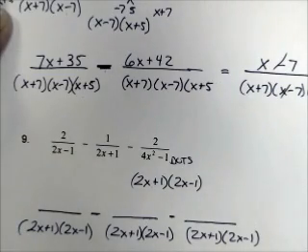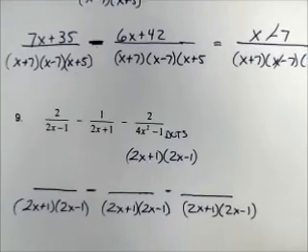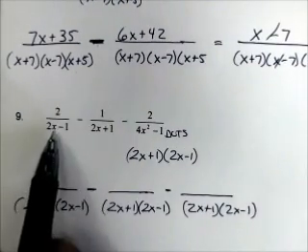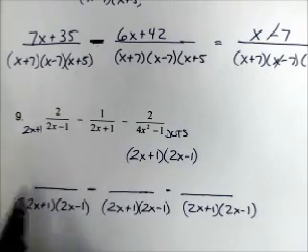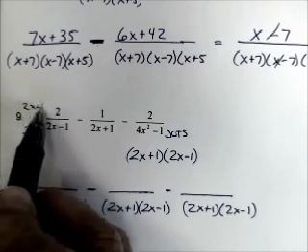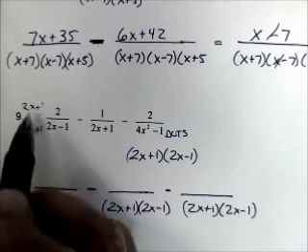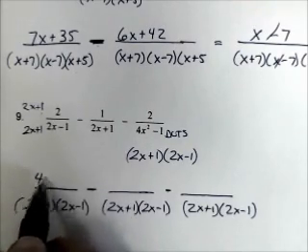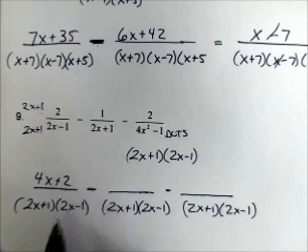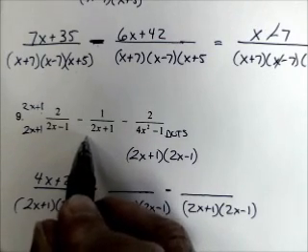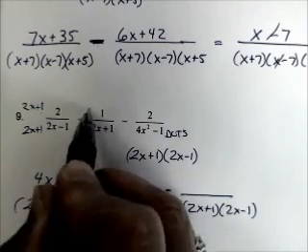All right, for our first rational expression, we need to multiply by 2x plus 1, the denominator. So do the same to the numerator and distribute, so that's 4x plus 2. Our second expression, we need to multiply by 2x minus 1.